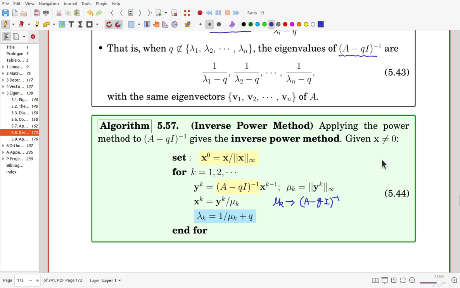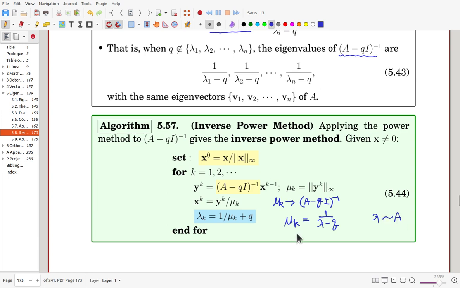So that is one of these, basically, so here mu k is basically now one of these eigenvalues. So let's say that is one of 1/(lambda − q). Of course, lambda is an eigenvalue of A.